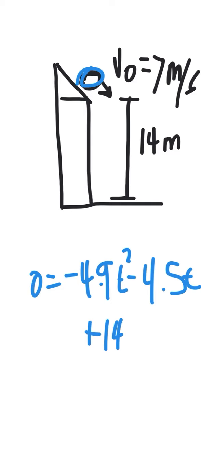plus 14. Now, using this equation, we can apply the quadratic formula, where this will be ax squared, this will be bx, and this equals c.